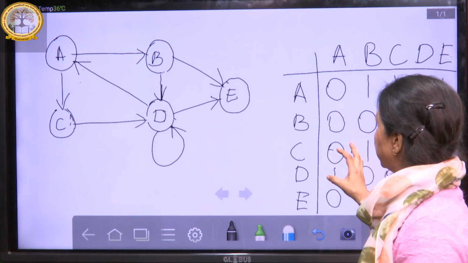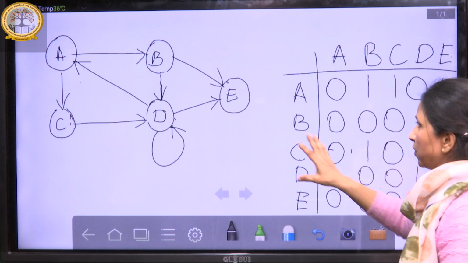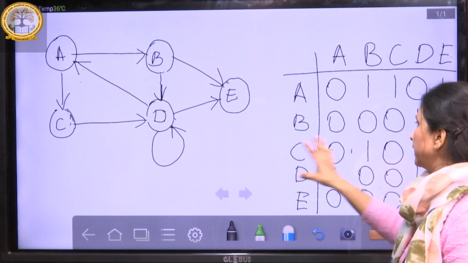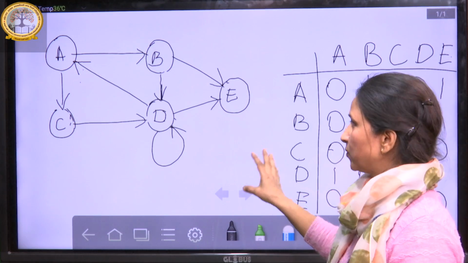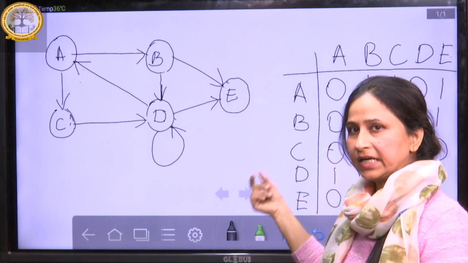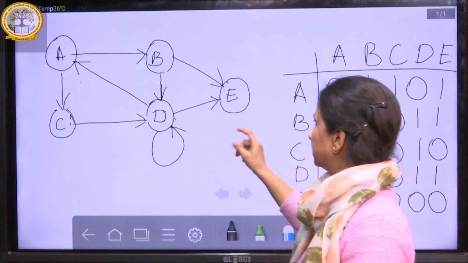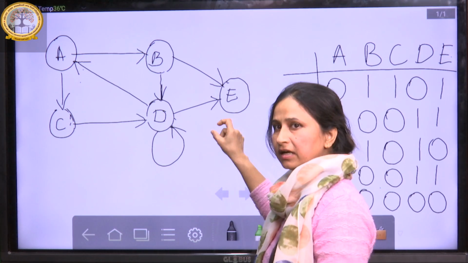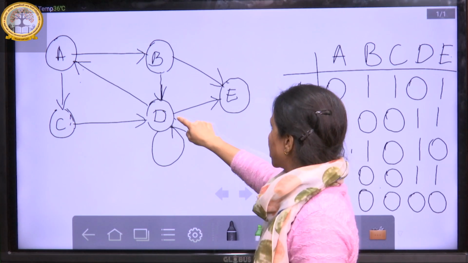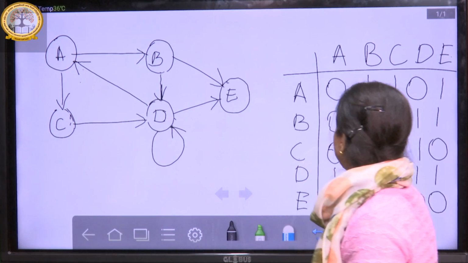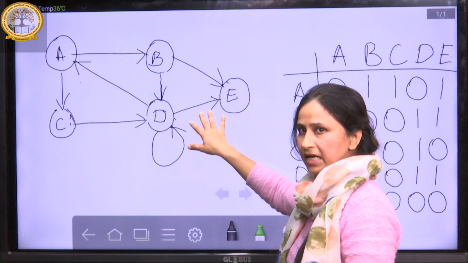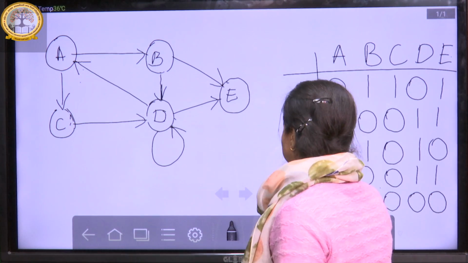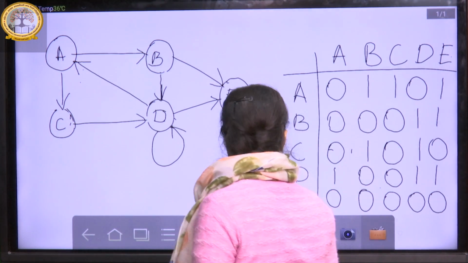So the adjacency matrix for this directed graph is this, and we can use the same concept for the weighted graph. If the edge contains a weight, then corresponding to zeros and ones, we can put the weight which an edge is having. Let's make a weighted graph.